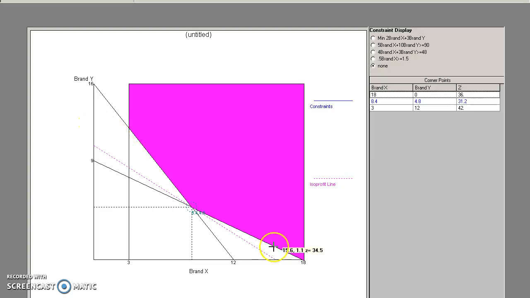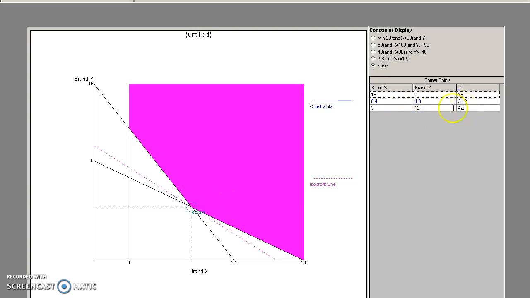About 14 units of brand Y and 18 units of brand X. But the lowest possible cost is 8.4 ounces of brand X and 4.8 ounces of brand Y. And that would give us all the daily requirements for our turkeys at the lowest possible cost.